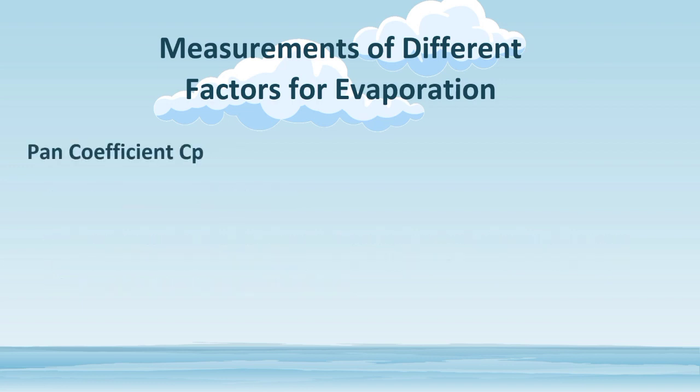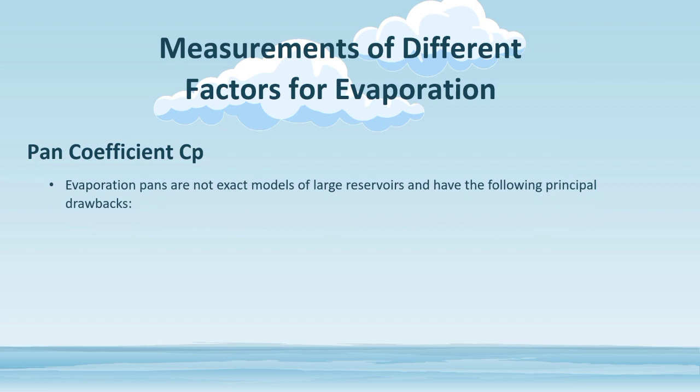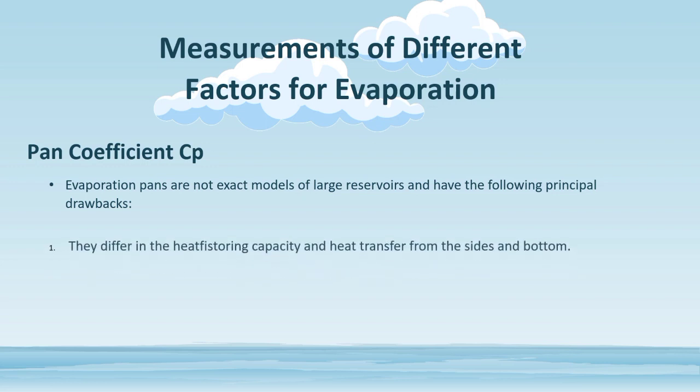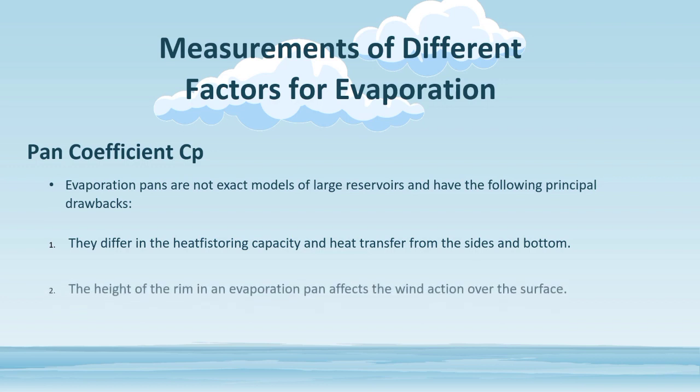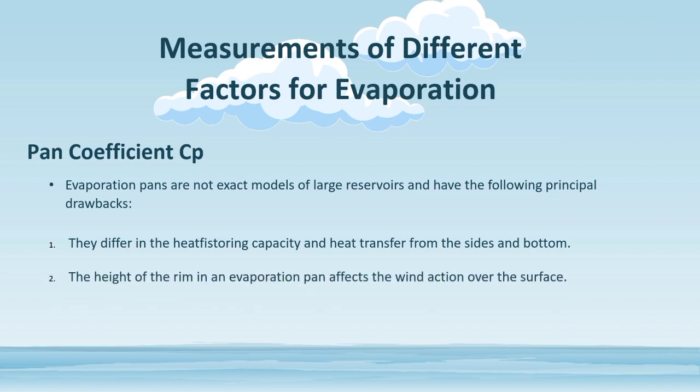Pan coefficient. Evaporation pans are not exact models of large reservoirs and have the following principal drawbacks. Number one is they differ in the heat storing capacity and heat transfer from the sides and bottom. Number two, the height of the rim in an evaporation pan affects the wind action over the surface.